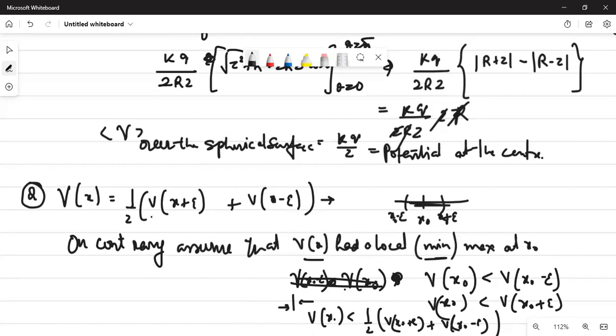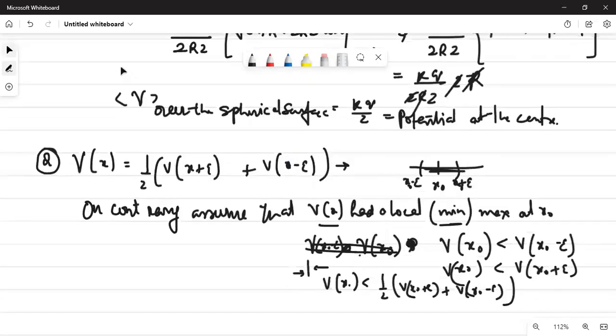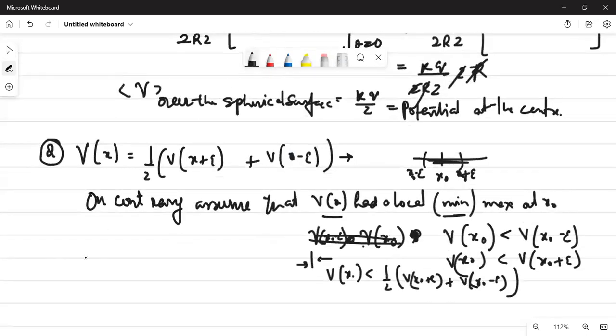Therefore, from one dimension, we can see that V(x) cannot have a local minimum or maximum at x naught. Similarly, in two dimensions, we saw that V(x,y) was having something called a saddle point. And in three dimensions also, we can argue similarly. If this is my point and this is my potential at a point which is at r vector from the origin, and if it is a maximum, what does it imply?